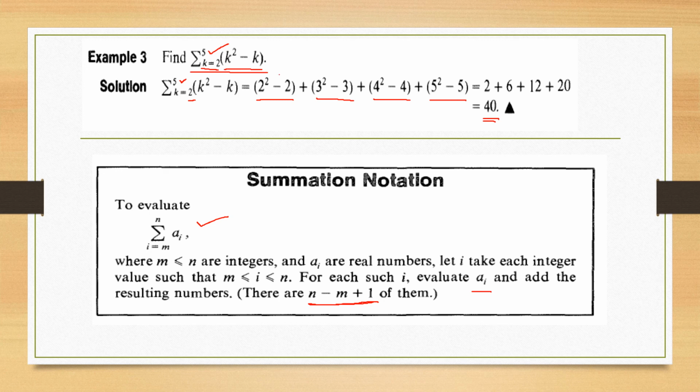Examine here 1, 2, 3 and 4 terms. So if we have the summation of ai where i varies from m to n, we will have the sum of n minus m plus 1 terms.